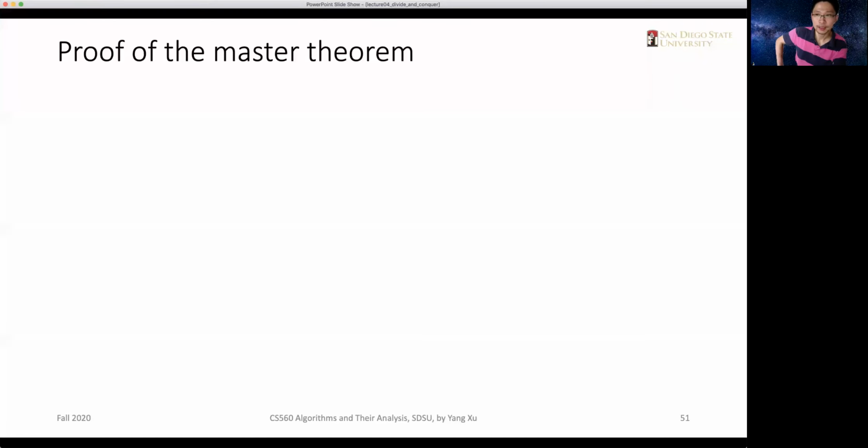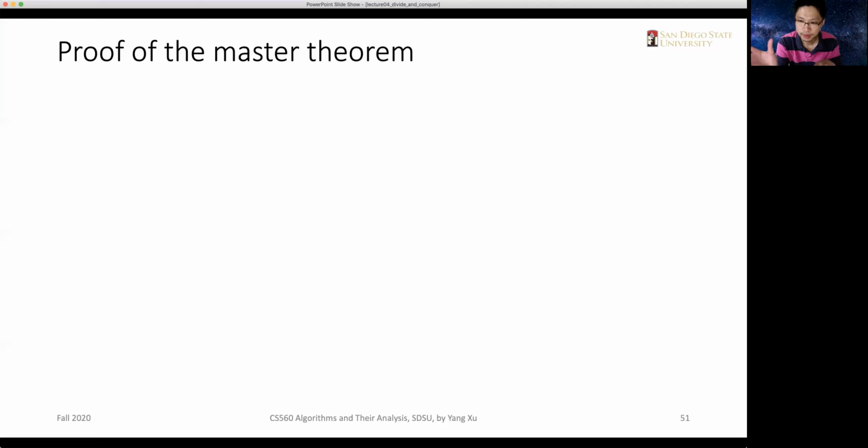I think we have mentioned a little bit about the form of the solution using the recursion method. In the next couple of slides we will see that the solution actually consists of two parts. The first part is the cost for solving all the subproblems in the smallest size.